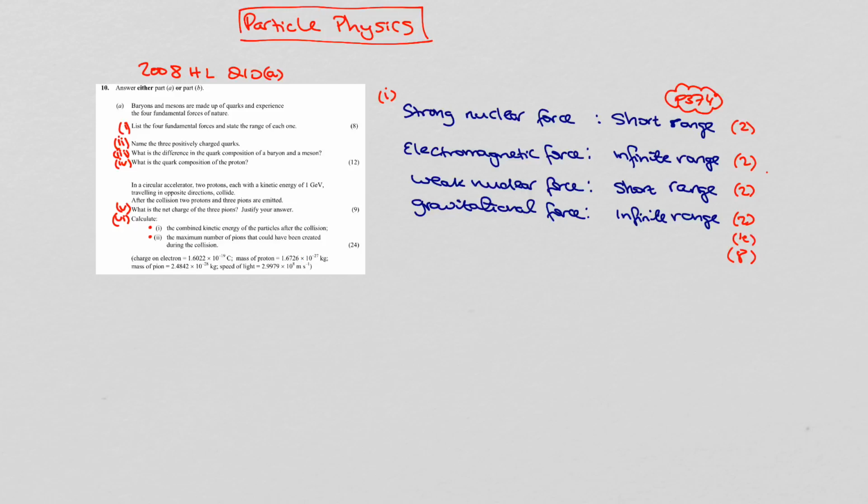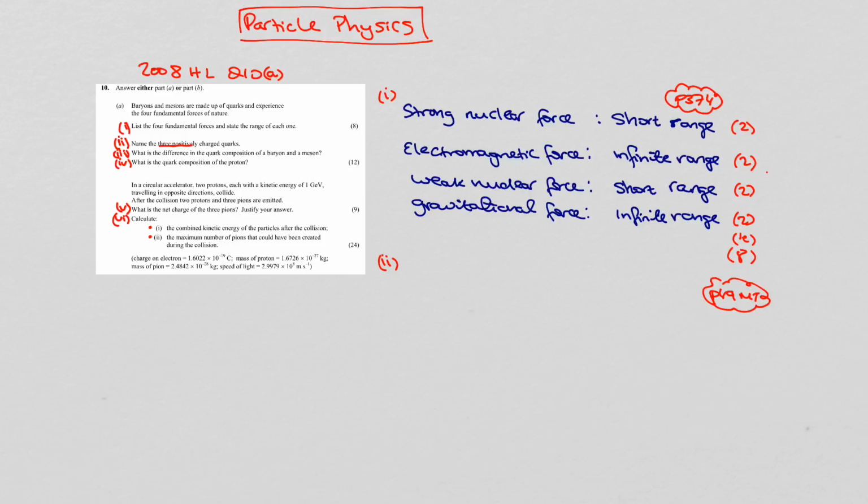Part 2 then says name 3 positively charged quarks. Again, if we go to our quarks, which is page 49 in your maths tables, you can see we have up, strange, top, down, charmed, and bottom. We have to list 3 of them, and they have to be positive.